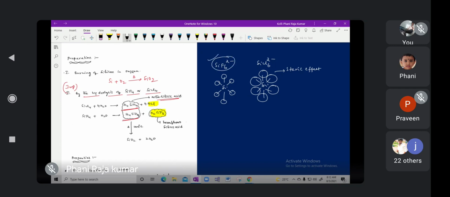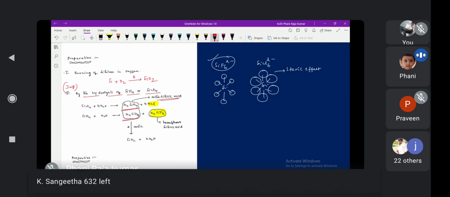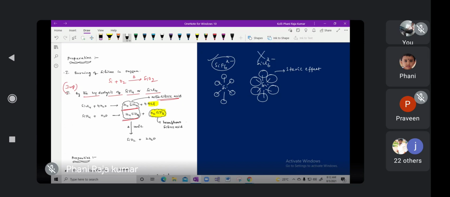That's why the byproduct is HCl in the case of SiCl4, and in the case of SiF4, the byproduct is H2SiF6. It is called hexafluorosilicic acid. And this orthosilicic acid on strong heating undergoes dehydration and gives SiO2, silicon dioxide.